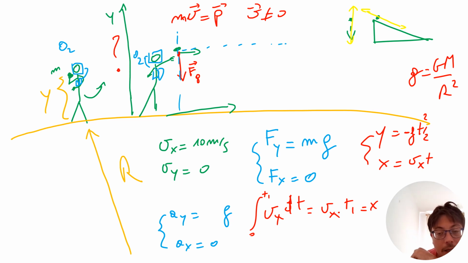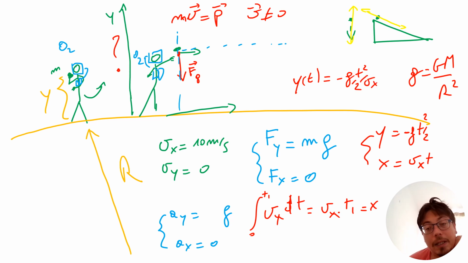Because we have y of t is minus gt squared divided by 2, and then we need to divide it by vx. Okay, but basically this is a parabola, as you can see.